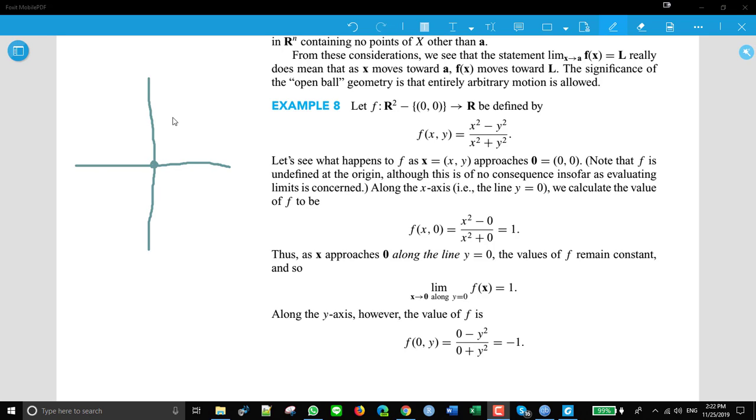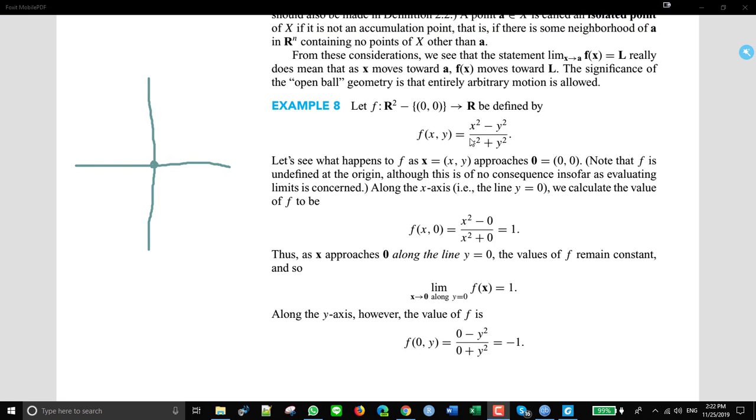Well, y is always 0 on this path, so we can replace y by 0. So we get this and this. And then we see that at every point on this x-axis, when y is 0, we get just x squared over x squared. So it's always equal to 1.